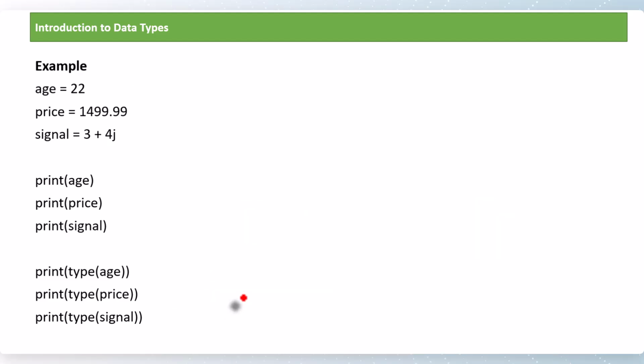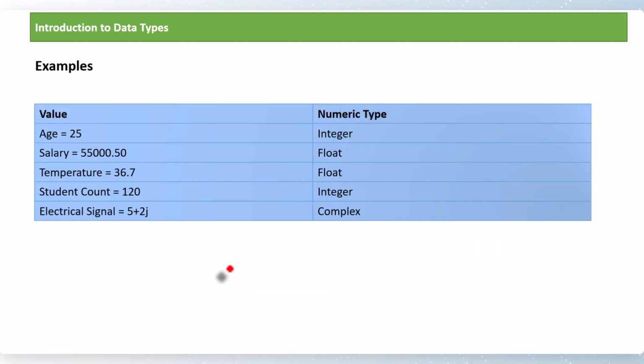You can see some of the examples. Age 25, integer. Salary 55,000.50, it is a float. Temperature 36.7, it is a float. Student count equal to 120, it is an integer. Electrical signal 5.2j, it is a complex number. Remember, three types of numbers are there: integer, float, complex.